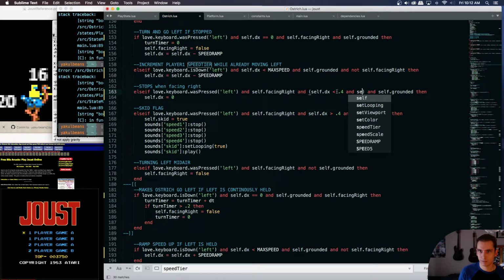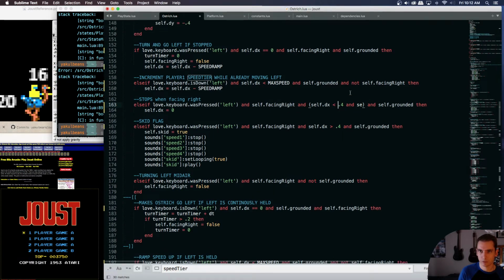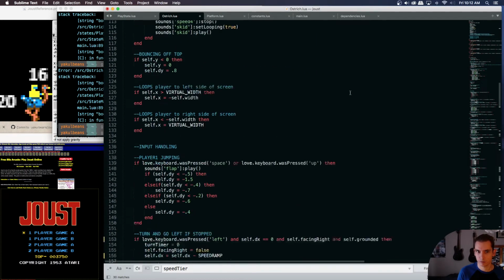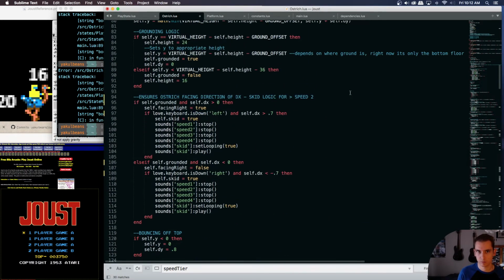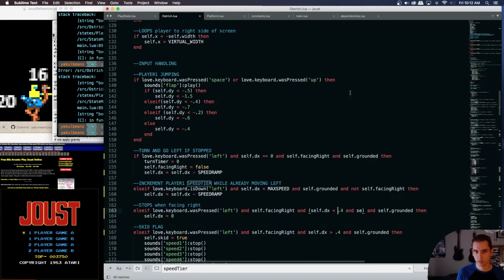Stops when facing right. Okay, let me do the facing left one first. Stops when. What the heck? Wait.